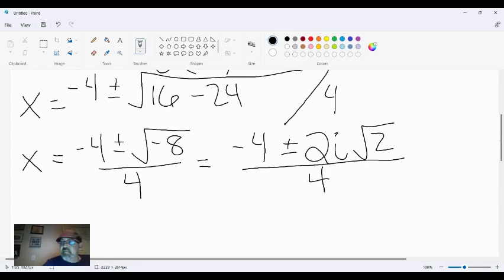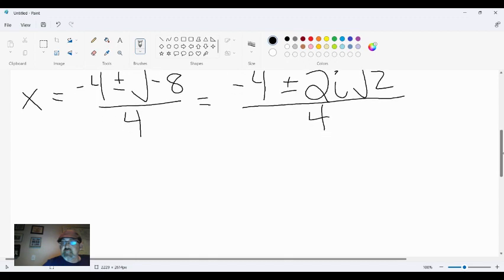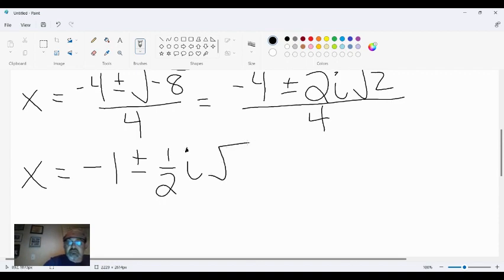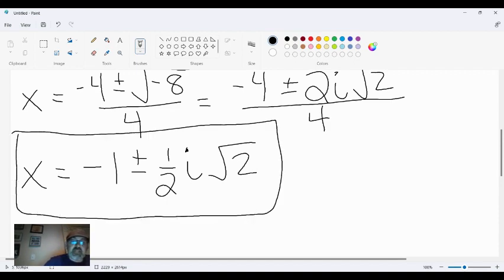And we can still make it even more nice by saying, okay, x is going to be equal to a negative 1 plus or minus 1/2 i root 2. And that is our final answer right there.